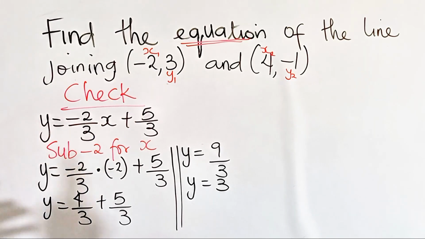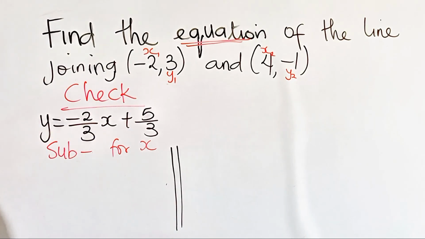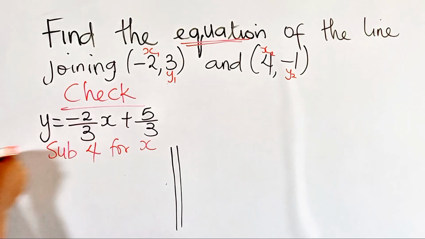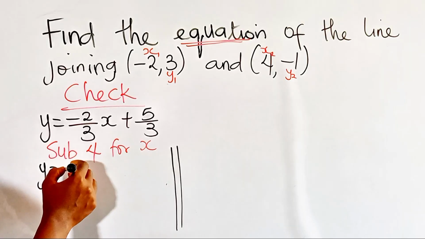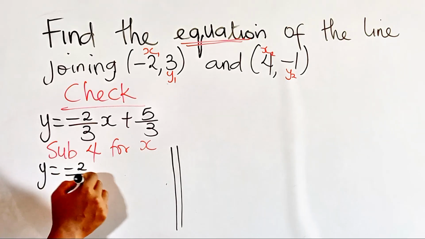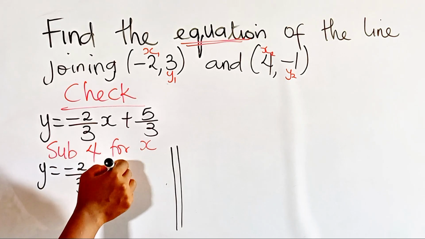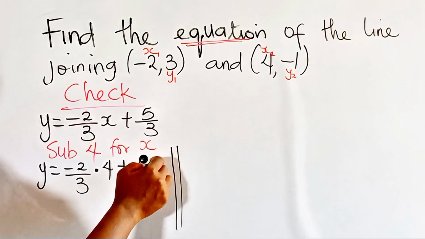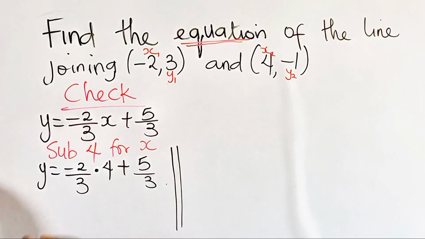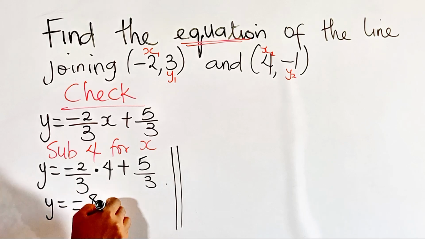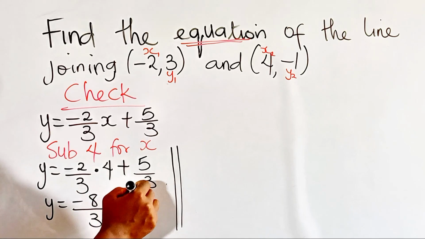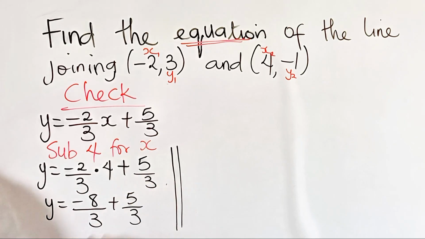So let's test with point 2. Substitute 4 for x, and this is going to give us y is equal to -2/3 times 4 plus 5/3. We have y is equal to minus 8 over 3 plus 5 over 3.